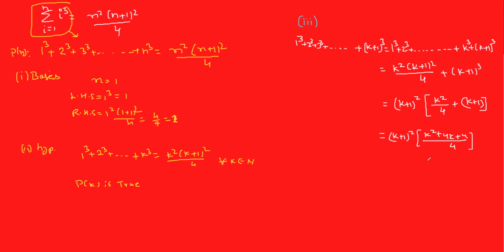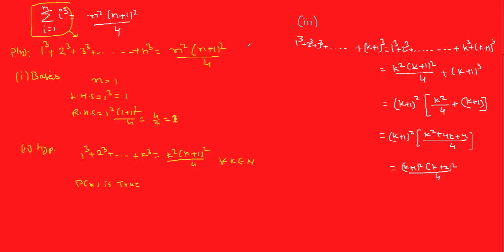Understood? k plus 1 whole square. This is what? k plus 2 whole square. Yeah, this one. Right?